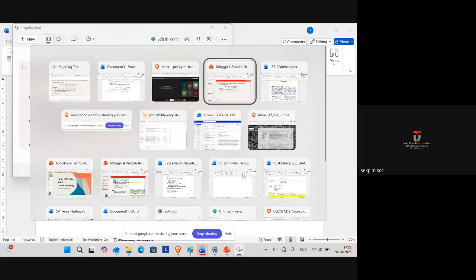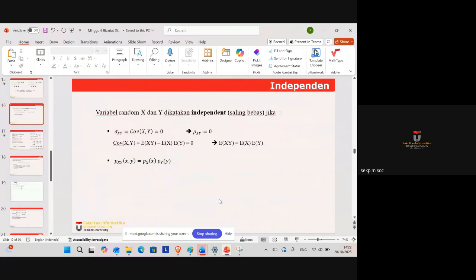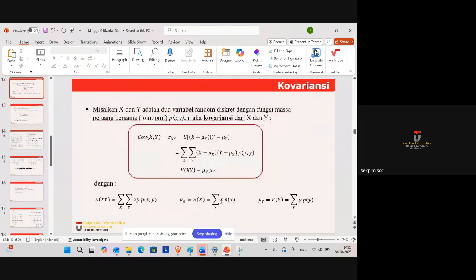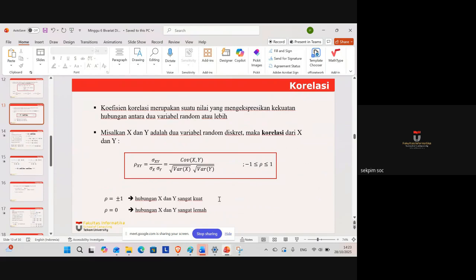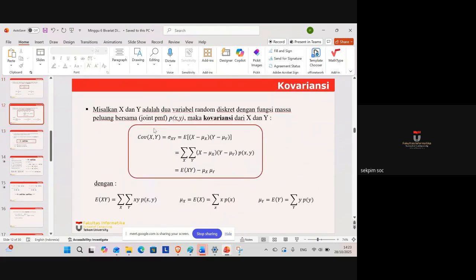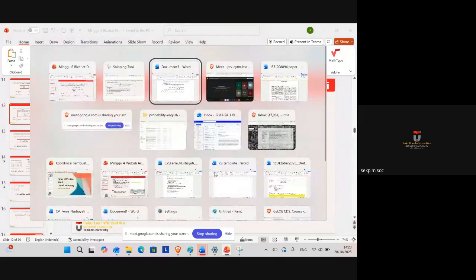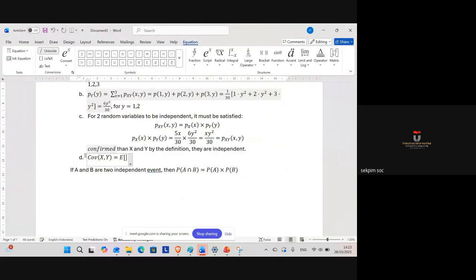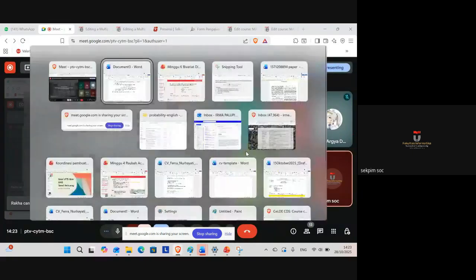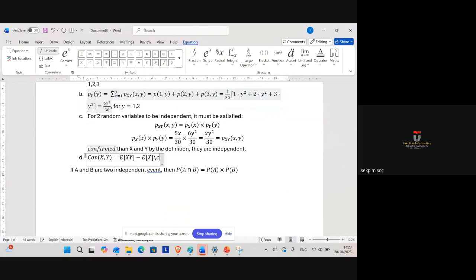Remember the covariance formula is quite similar to variance, but variance is actually the covariance of a variable with itself. So the formula for covariance is the expectation of xy minus expectation x times expectation y. The expectation of x means the average of x, and the expectation of y is the average of y.